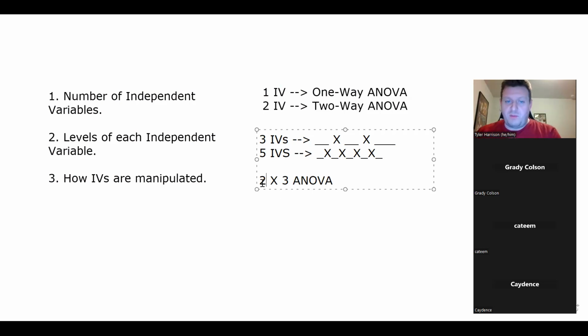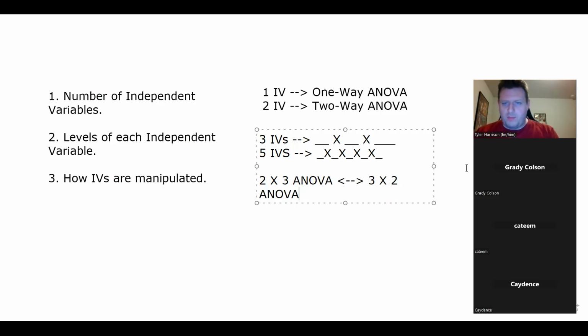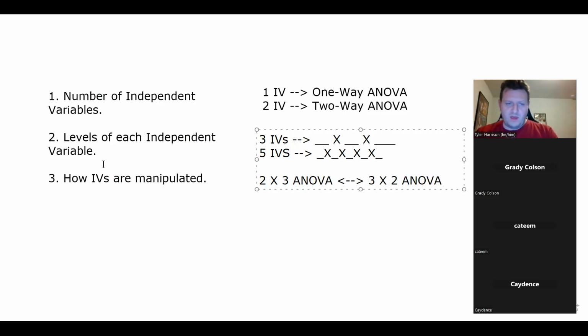The first independent variable has two levels to it because I see the number 2 here. The second independent variable has 3 levels to it. And I could just as easily call this a 3 by 2 ANOVA. Which independent variable is number 1 and number 2 is completely and utterly arbitrary here.